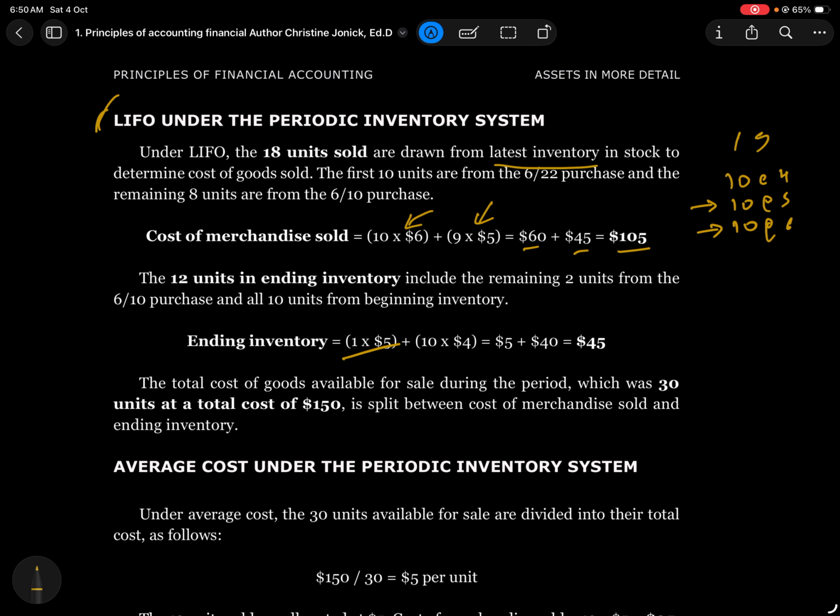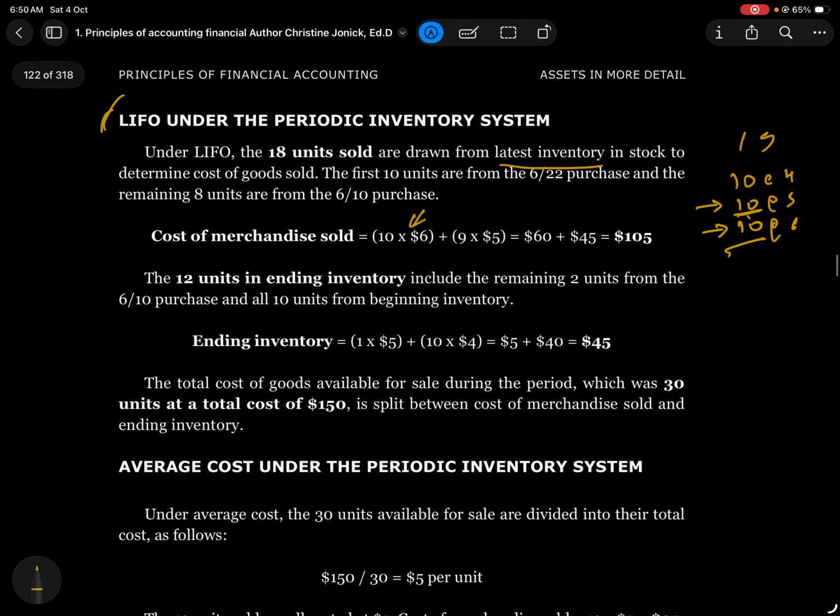In this scenario, we sold 19 units. We took 10 from here, then remaining 1 from here, remaining 9 from here. So that's why 10 at the rate 6, 9 at the rate 5, and what's remaining is 1 on this and 10 on this, as you see over here. That's the ending inventory: 1 into 5 plus 10 into 4.